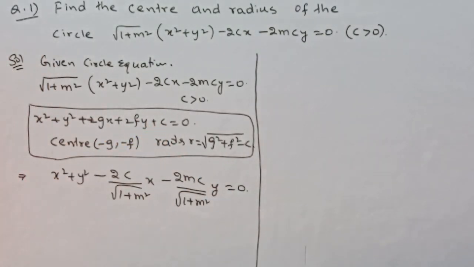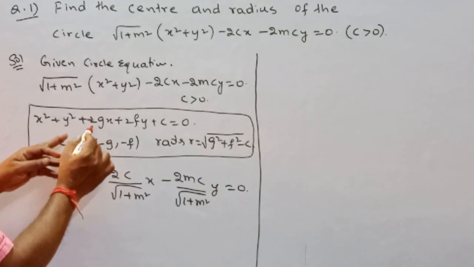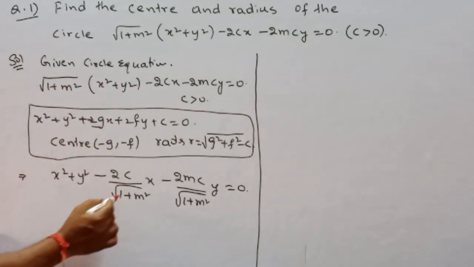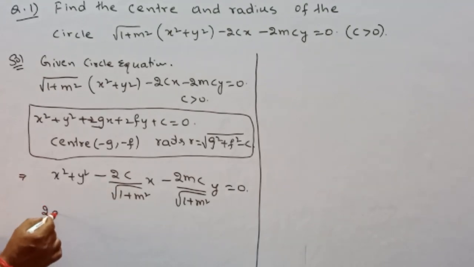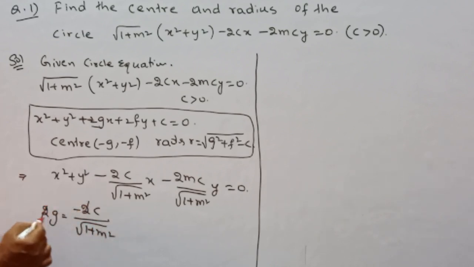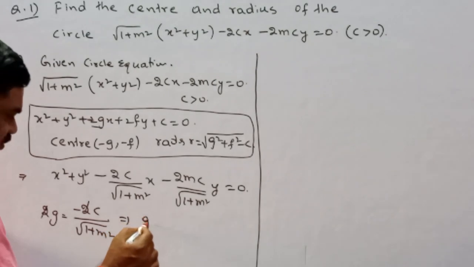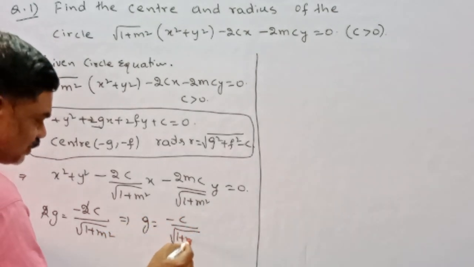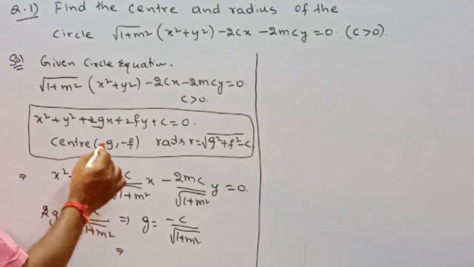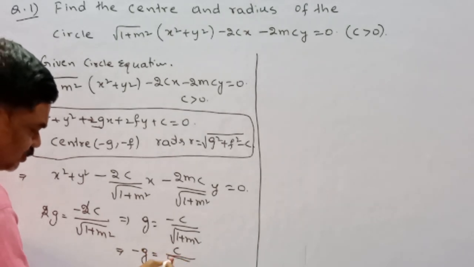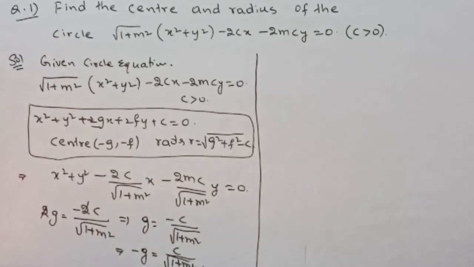So 2g is equal to minus 2c by root over 1 plus m square, which implies g is equal to minus c by root over 1 plus m square, and minus g is equal to c by root over 1 plus m square.